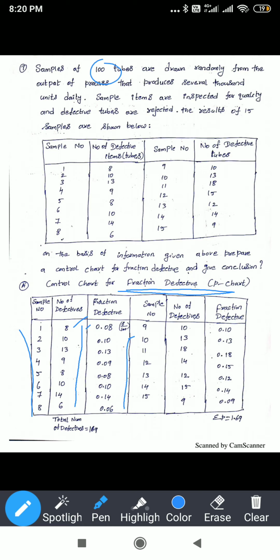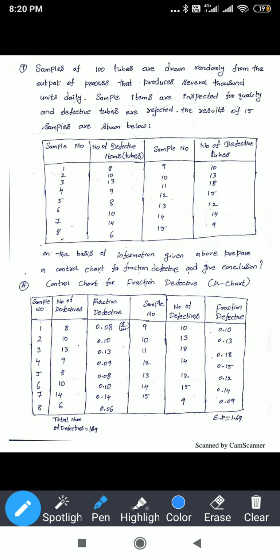Next, 10 were defective out of 100, so the fraction is 0.10. For the last sample, sample 15, 9 were defective out of 100, so the fraction defective is 0.09.